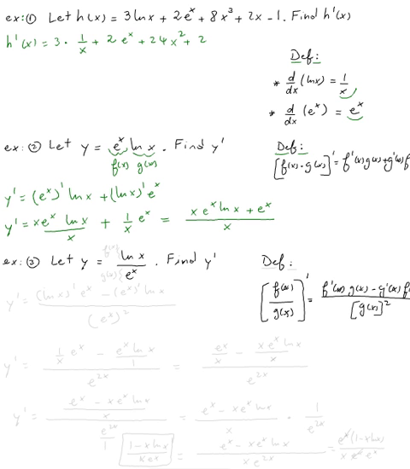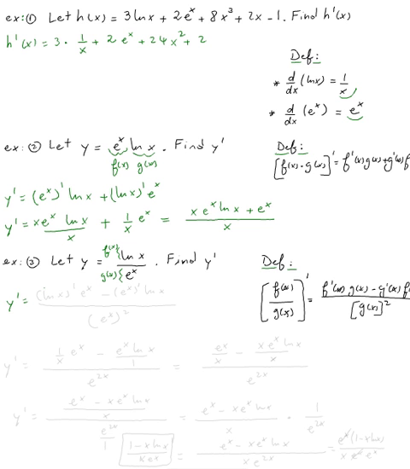For the last example, example 3, y is equal to ln x over e to the x. So you can tell when it's written as a fraction, we're going to use the quotient rule. The definition of the quotient rule is right here. So this is my f of x, and the denominator is my g of x.